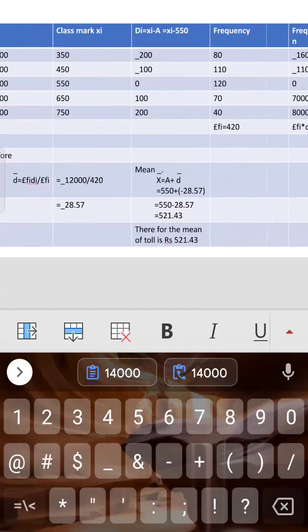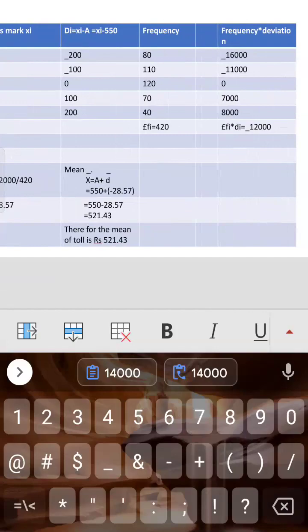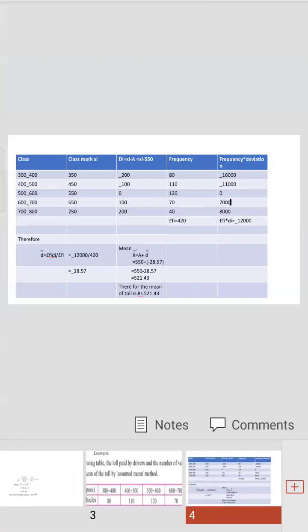That is 550 plus negative 28.57, that is 550 minus 28.57. Then we obtain the mean by the assumed mean method as 521.43. Therefore the mean toll is rupees 521.43. Thank you.